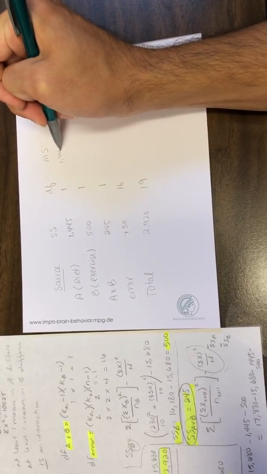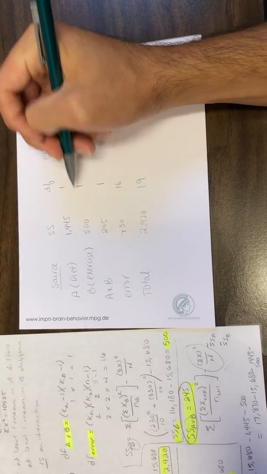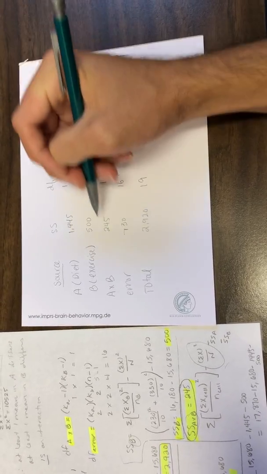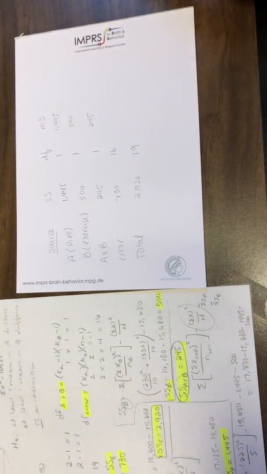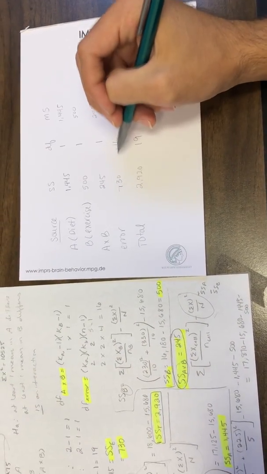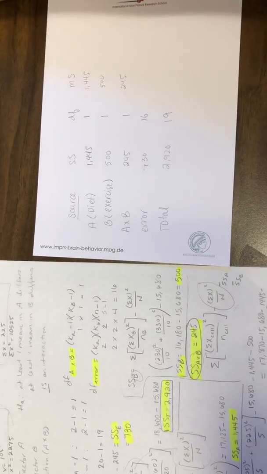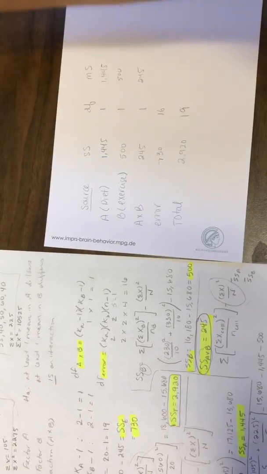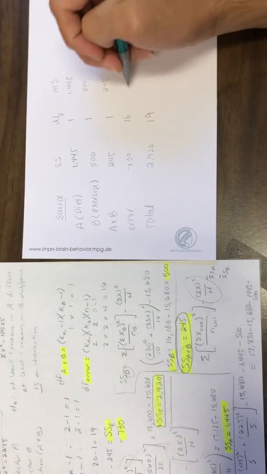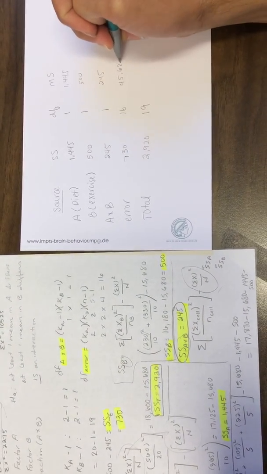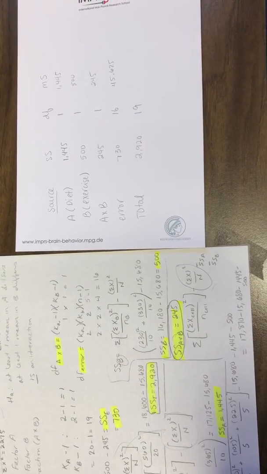So 1,445 divided by 1 is 1,445, 500 divided by 1 is 500, 245 divided by 1 is 245, right? Mean squared error, 730 divided by 16. So let me pull up the calculator. 730 divided by 16 is 45.625, okay?